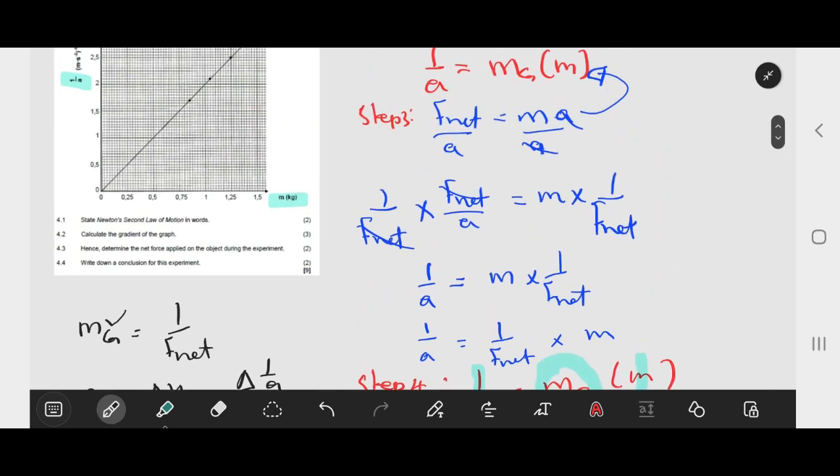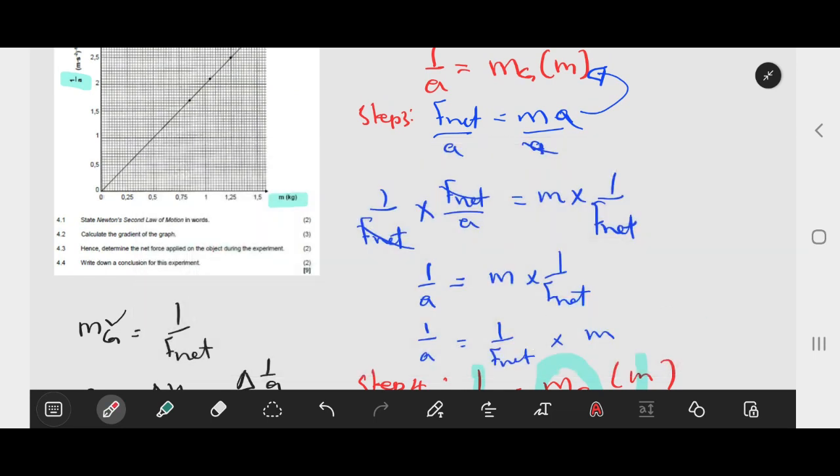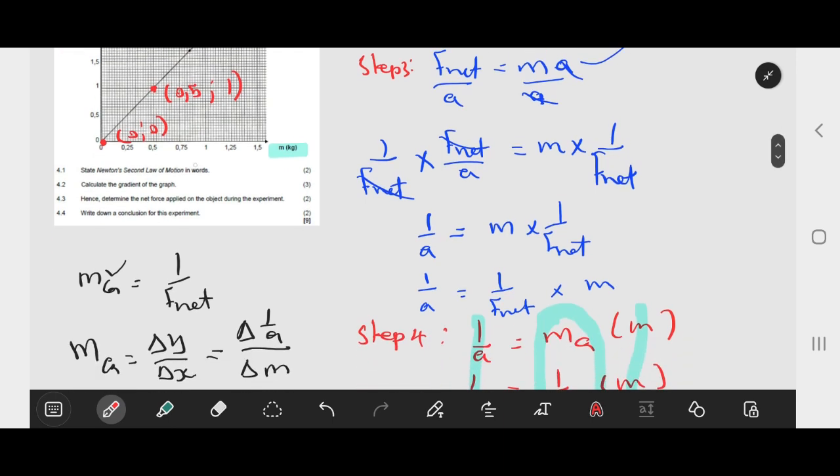So we can choose the first point to be the one at the origin, which is 0 and 0, and we can choose the second point to be this one, which is 0.5 and 1, right? So we have 0, 0 and 0.5, 1. So let us calculate the gradient, which is change in y over change in x.